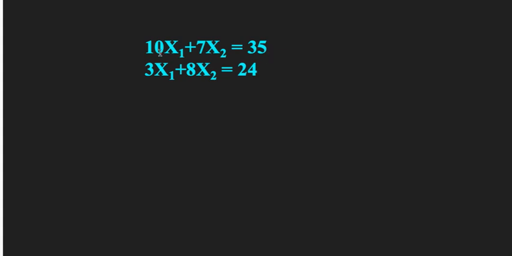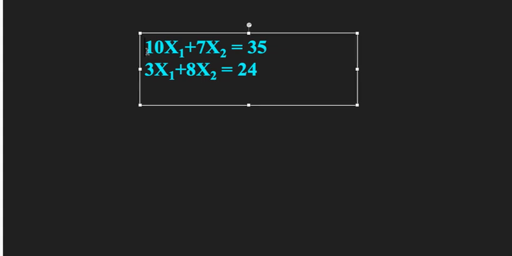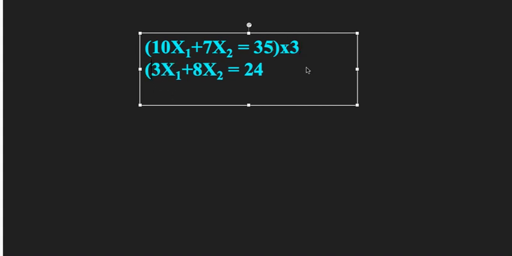So what we are going to do, we are going to make one common term here. Now if we see this equation, we are going to multiply the first equation by 3, and the second equation by 10, so that we can make one common term here, right?